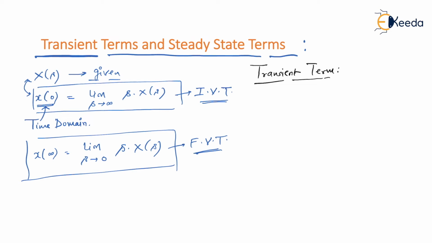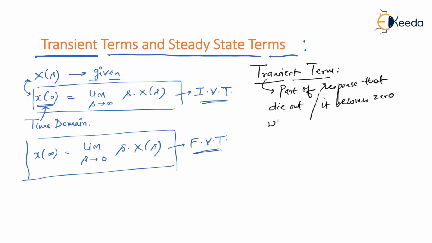In a given signal which is time dependent, something that gets vanished after some time, or mathematically something that gets completely vanished when t tends to infinity, is actually known as a transient term. So I would say a transient term is that response which dies out or becomes zero when t tends to infinity.